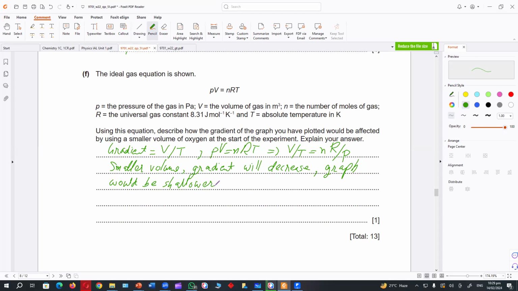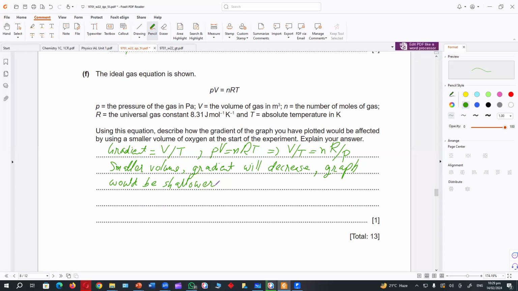Yeah, but did they give the equation for us to calculate something? No, actually, I think this is only a descriptive thing. He's not asking to calculate, but he says using this equation. Interestingly, it's going without equation. V upon T is equal to nR upon P. n and R are constant.